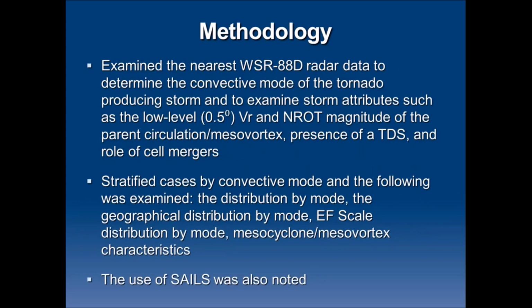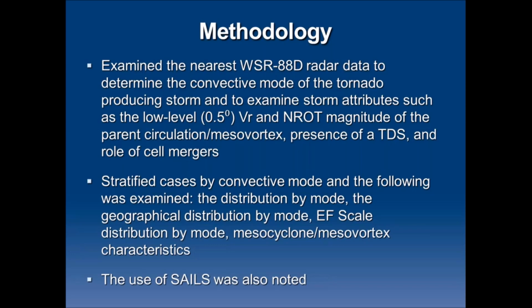The other thing we're going to do is dig a little bit deeper and look at the WSR-88D data, at the closest radar to the storm that produced the tornado. We're going to look at the convective modes and some of the storm attributes, such as the low-level rotational velocity and normalized rotation magnitude from GR2Analyst of the parent circulation and mesovortex.